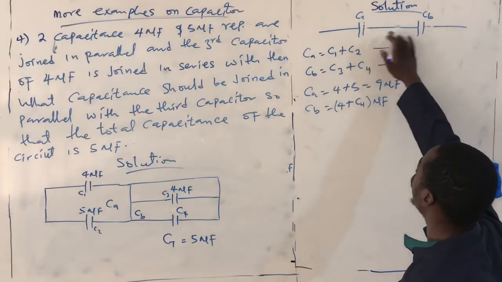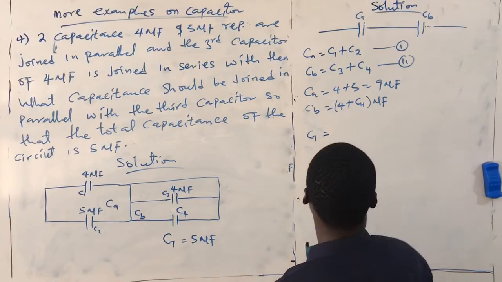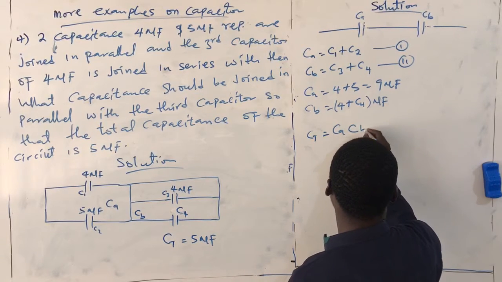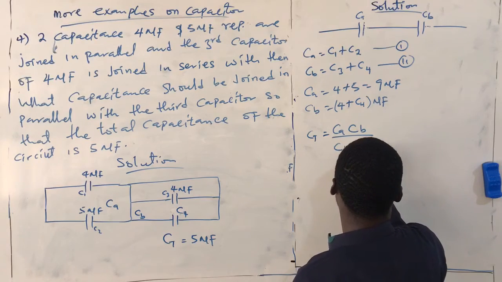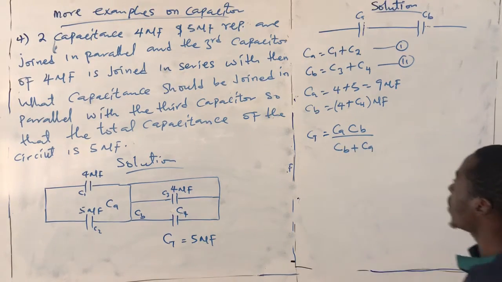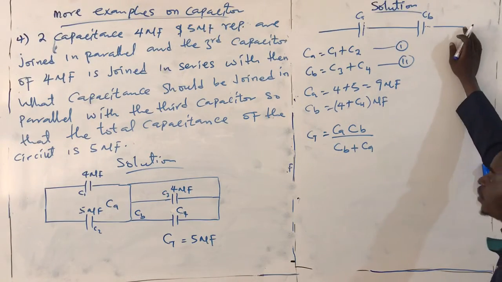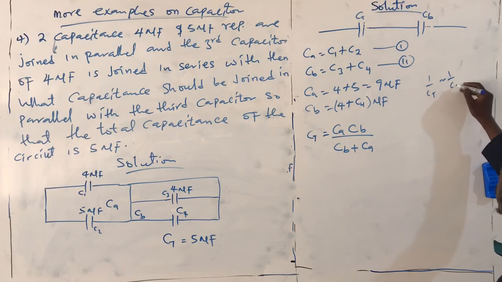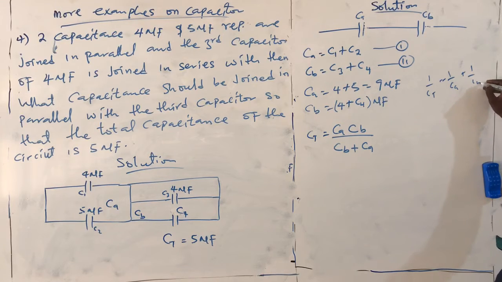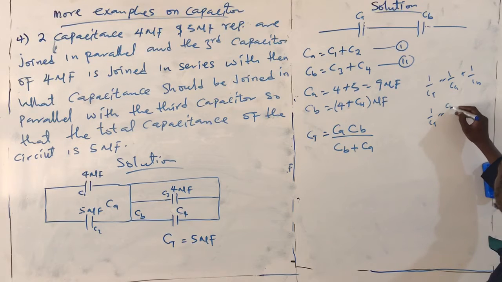Now, we can look at the combination between CA and CB. CT will be equal to CA CB divided by CB plus CA. Since CA and CB are in series, we are going to have 1 over CT equal to 1 over CA plus 1 over CB. So 1 over CT is equal to CB plus CA over CA CB.